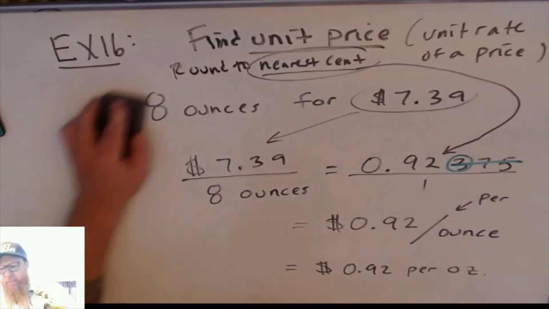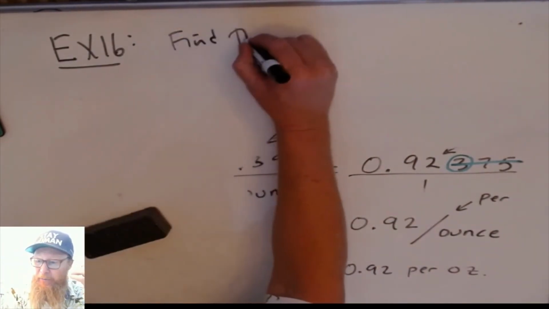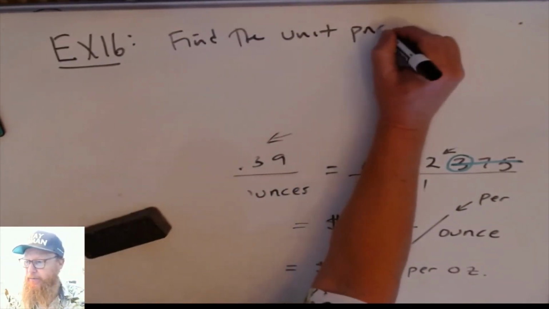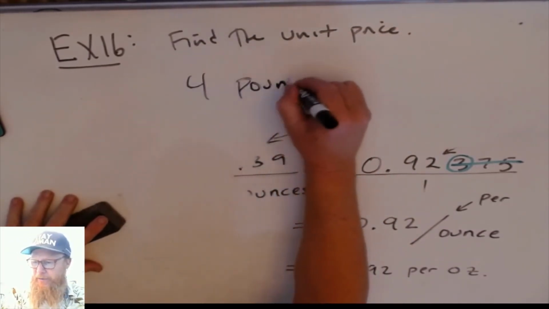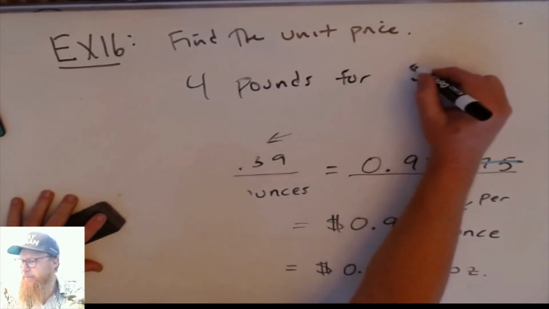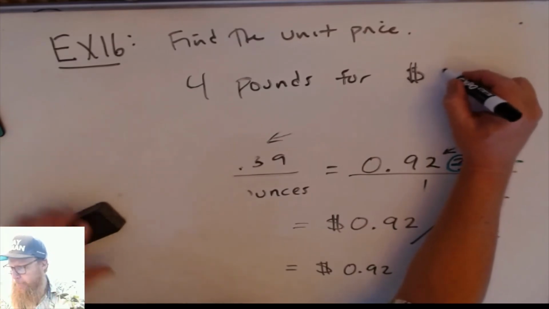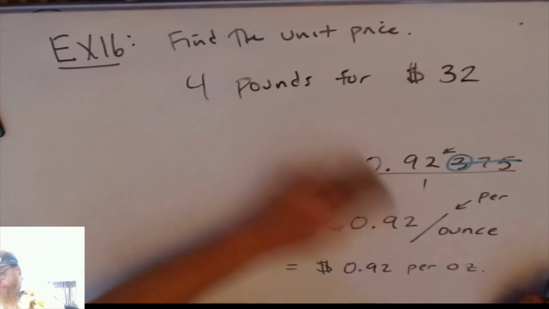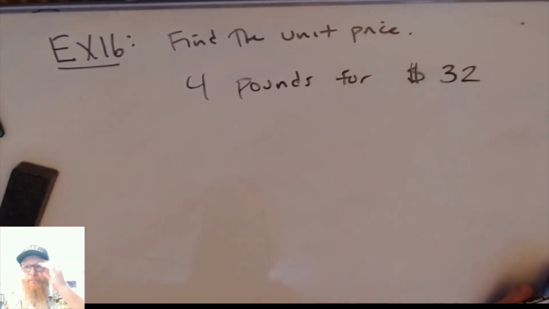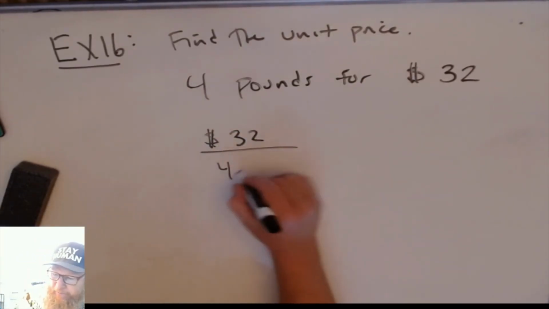Okay. Suppose it's, again, find the unit price. 4 pounds for $32. Well, that would be 32 over 4 pounds.